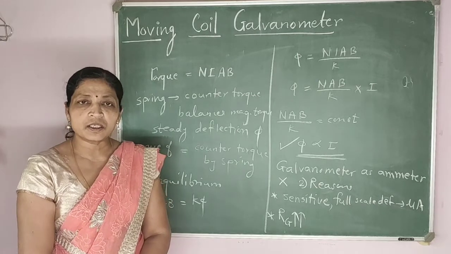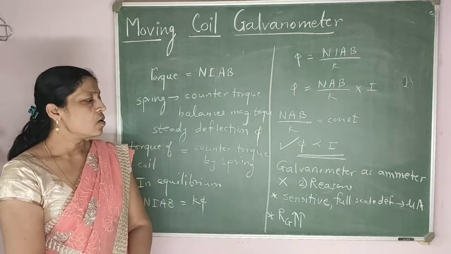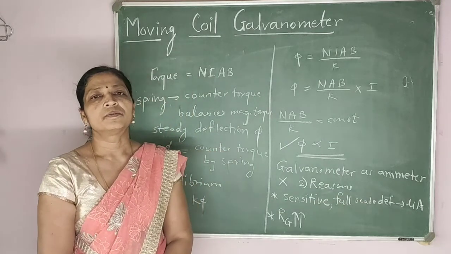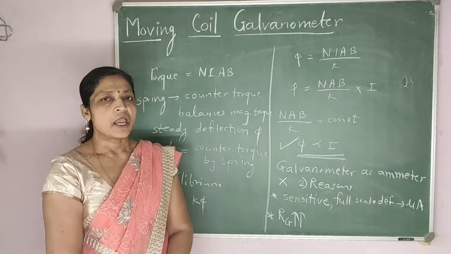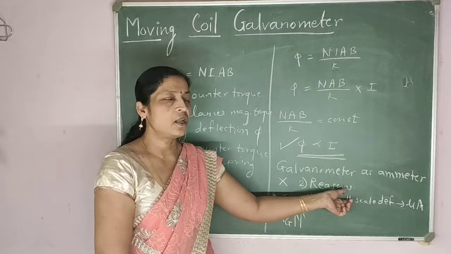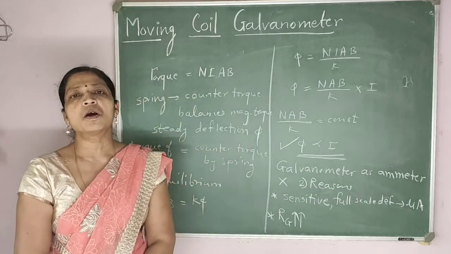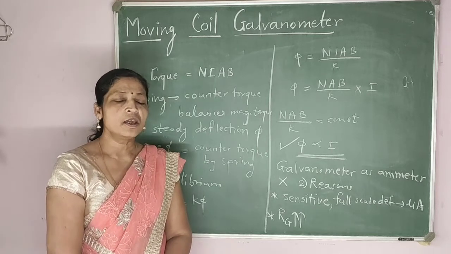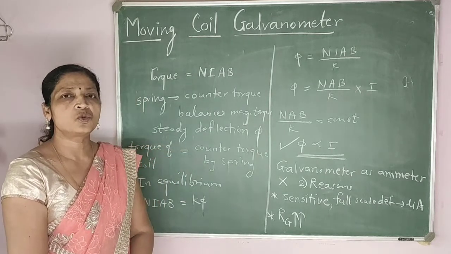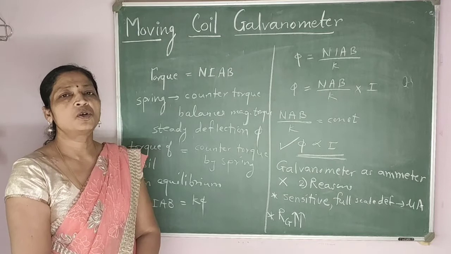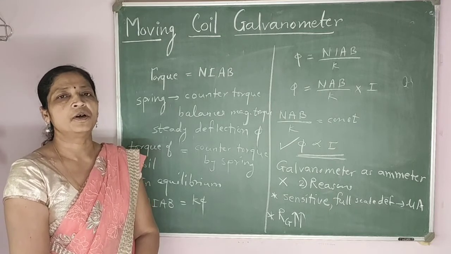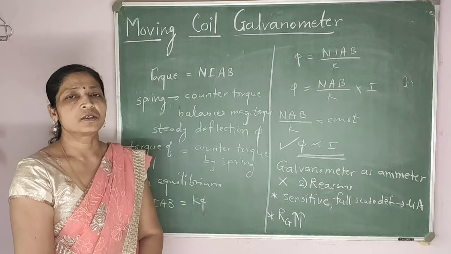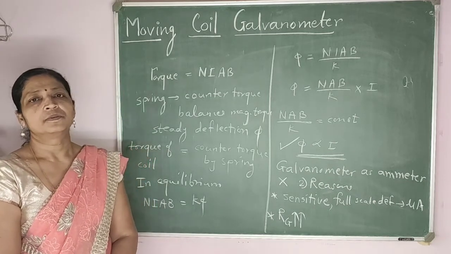That is the reason we cannot use a galvanometer as such as an ammeter. As it is very sensitive, it gives full scale deflection for microampere current, and its resistance is too much, so it will not show the same value of current. What we have to do for this, we will see.